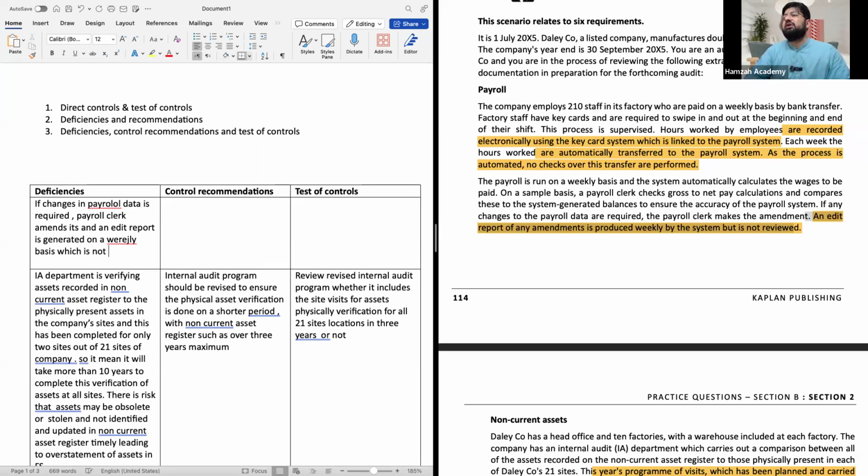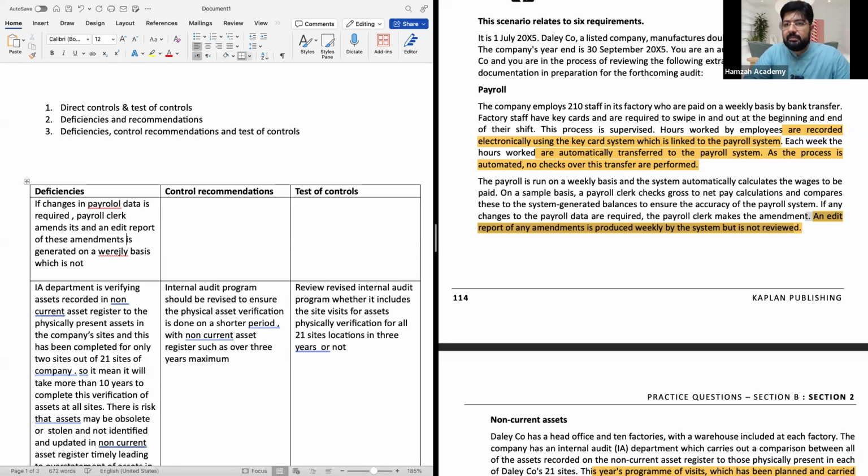The audit report is basically of these amendments, generated on a weekly basis, which is not reviewed.